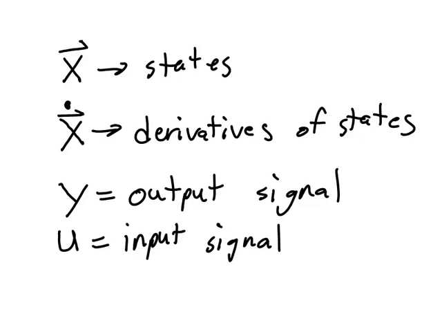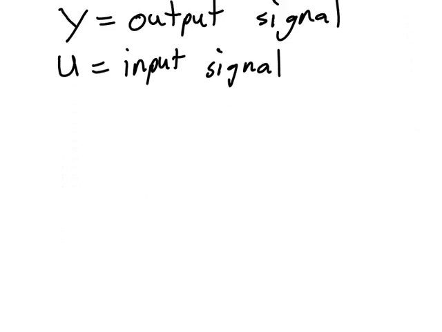Now, whereas the mathematical trick with the Laplace transform is to take the Laplace transform and then get the equation to match the transfer function form, with state space, we're also trying to get our differential equations to match a particular form. And the form that we're trying to get it to match looks like this.